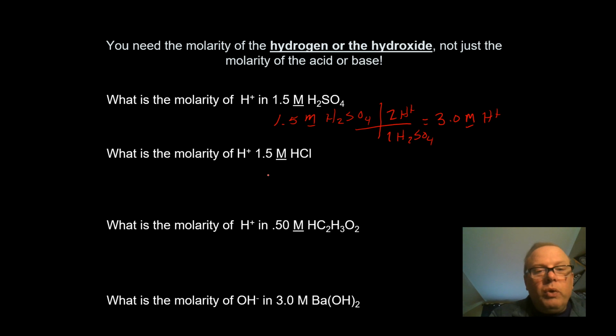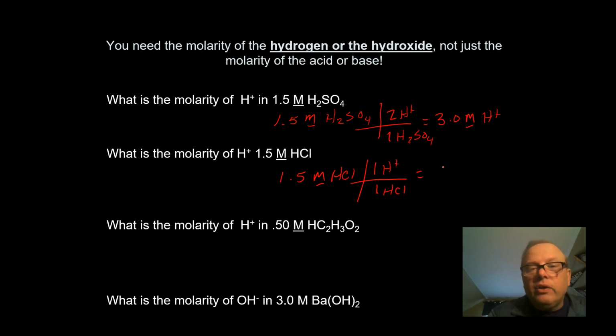Here, with the hydrochloric acid, it stays the same because there's only one hydrogen. So 1.5 molarity hydrochloric acid, one hydrogen ion for every one HCl, is going to give us 1.5 molarity, but our unit has changed to simply the hydrogen ion. Here, this example is acetic acid, and only the first hydrogen is going to come off of this. And so it's HC2H3O2.